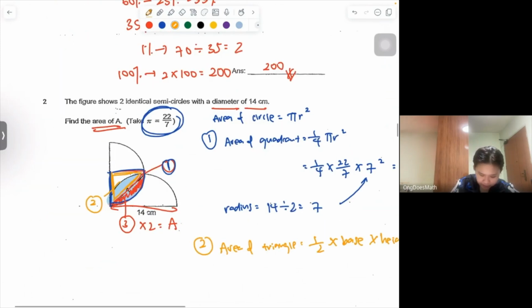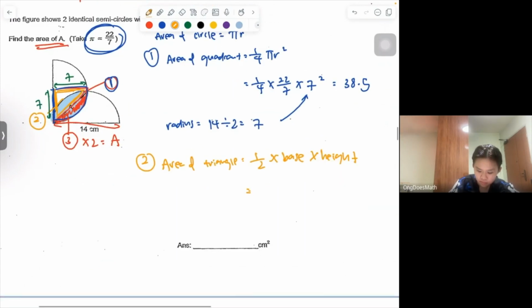In this case, the base equates to the radius, which is 7. The height here also equates to the radius, which is also 7. So it's just half times 7 times 7, which should give you 24.5.